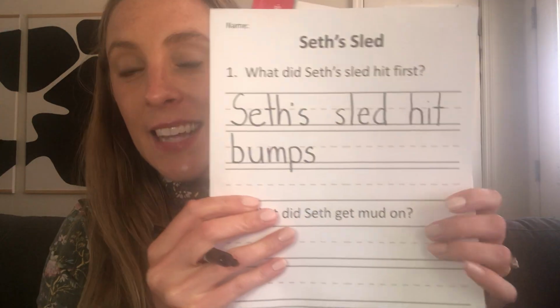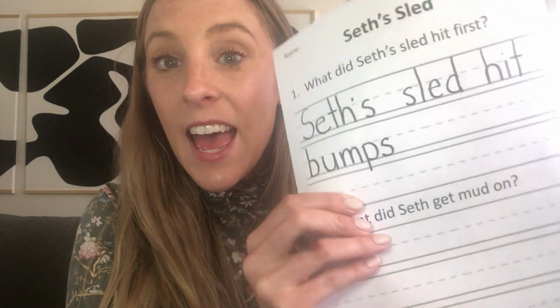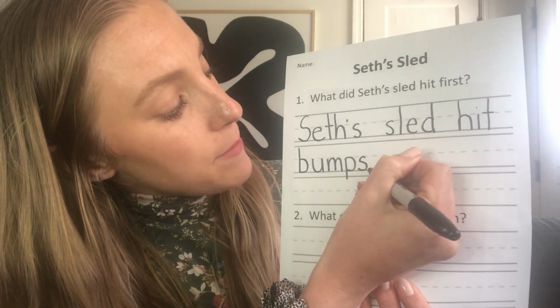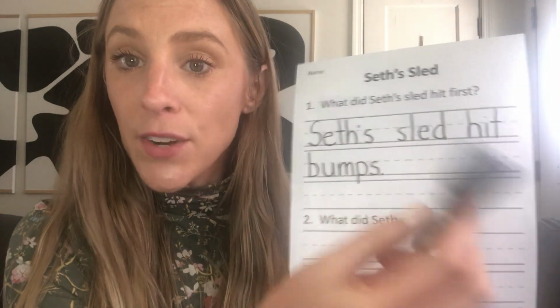B. And there's my sentence, but I'm missing something at the very end, and that is a, yep, you said it, a period. Remember, it's a little dot on the grass line. So what did Seth's sled hit first?